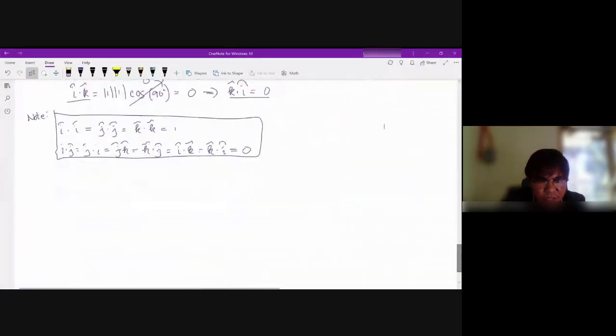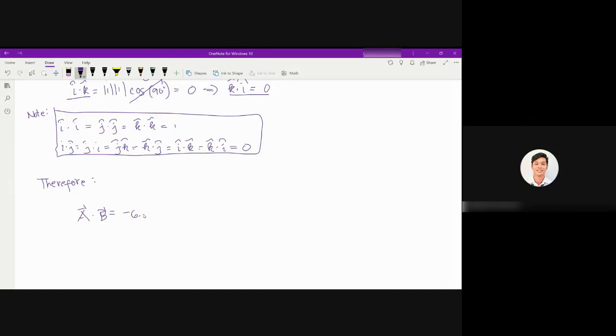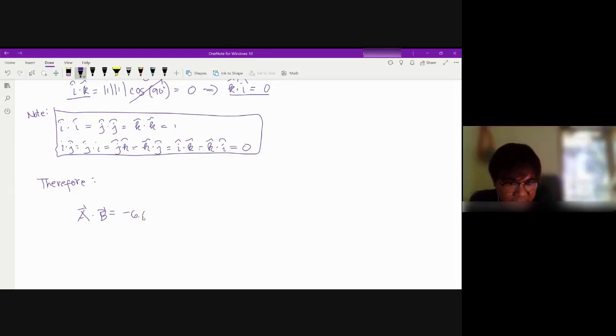So therefore, A dot B is equal to negative 6, ano? Answer? Yes, sir. Negative 6. So imo nang gi-add na negative 6 square. So that's the answer.